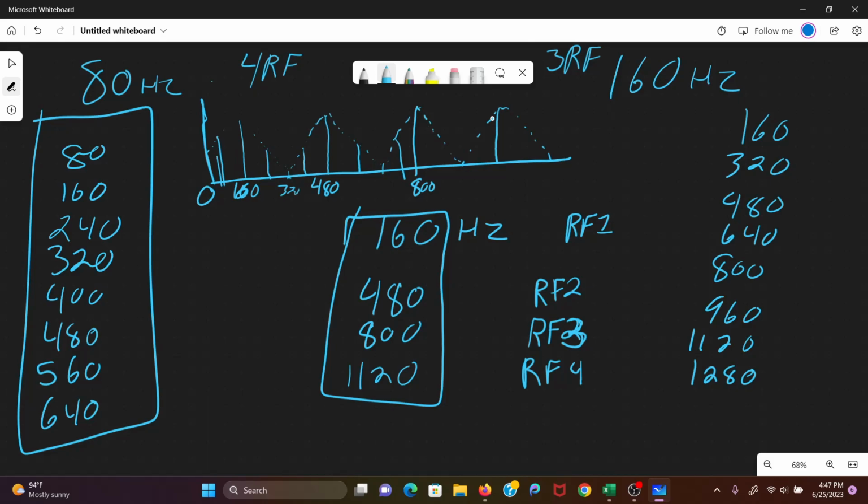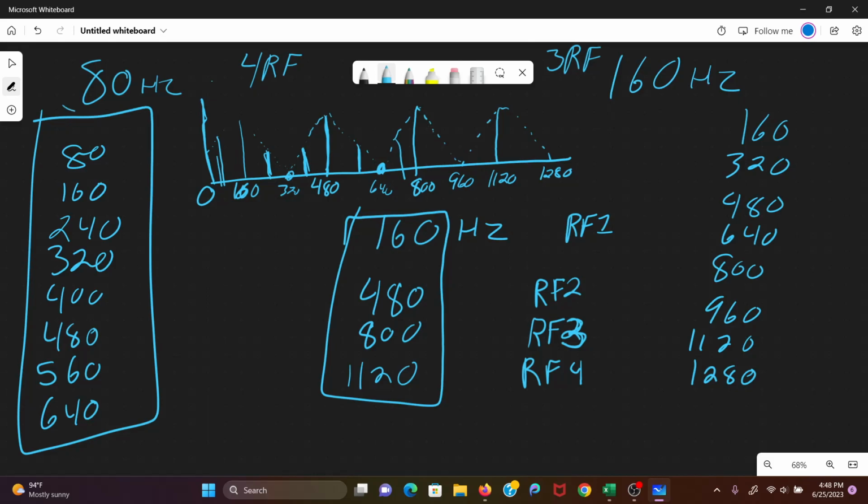Let me write in 320, 640, 960, 1120, 1280. All right. So 240 right here. 320 is nothing. 400 is about halfway. 480 is all the way. 560 is about halfway, and 640 is nothing.